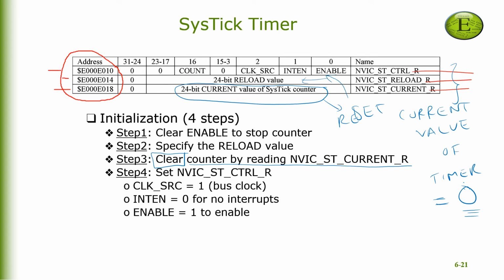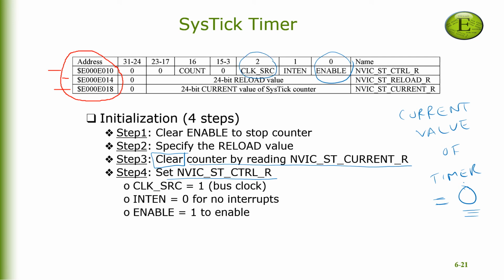Anyways, the last step: we're going to further configure the timer by setting or clearing bits in the NVIC control register. So back to the first register, because in step number 1 we only cleared the enable bit. However, there's a bit called clock source.